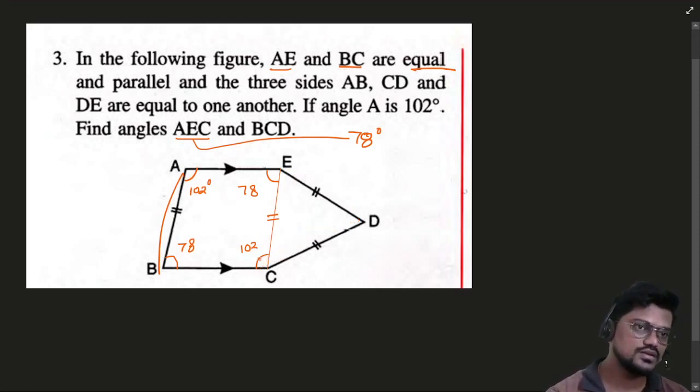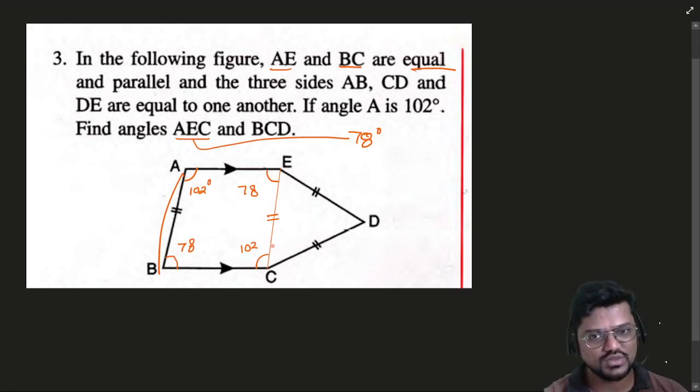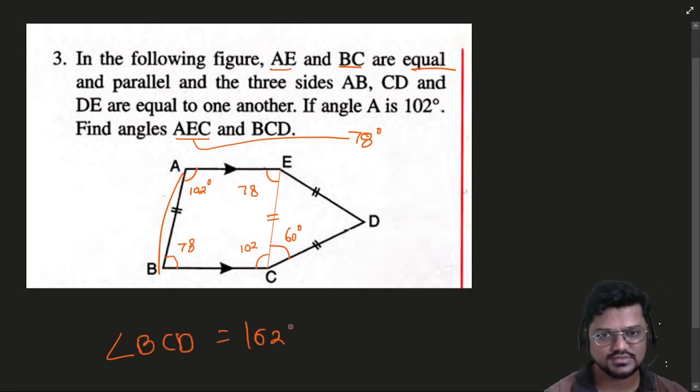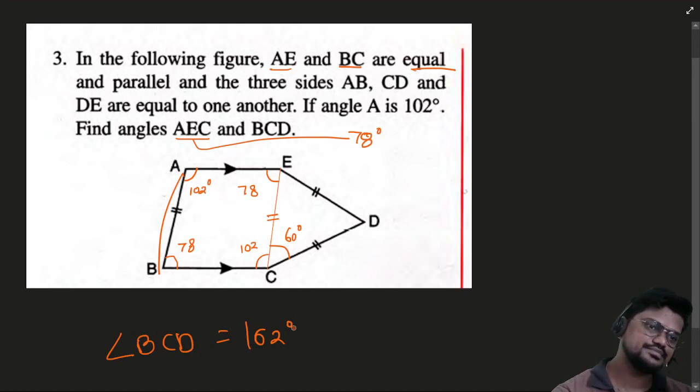So then it is an equilateral triangle. Now, if it is an equilateral triangle, what do we know? That this angle is 60. So the angle BCD is how much then? 162 degrees. Got it?